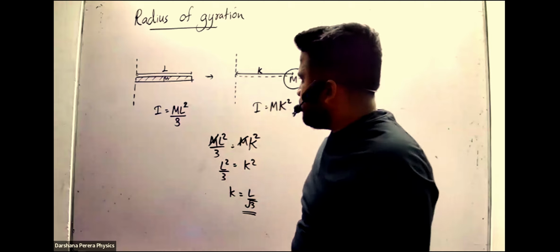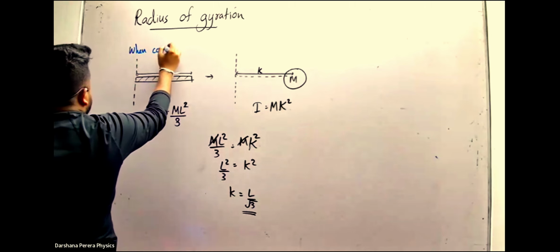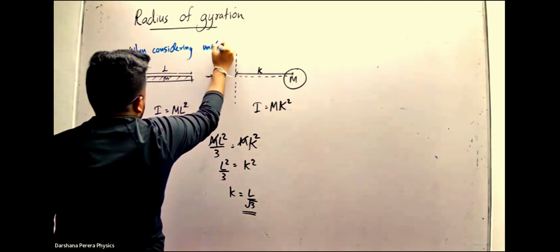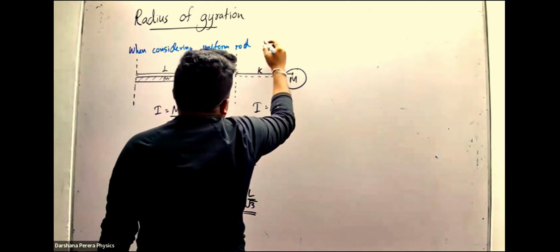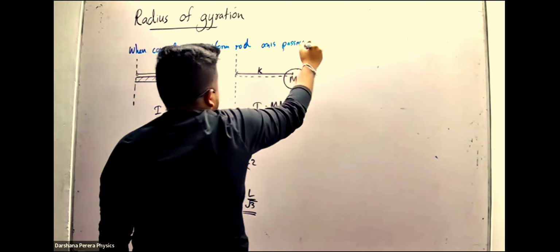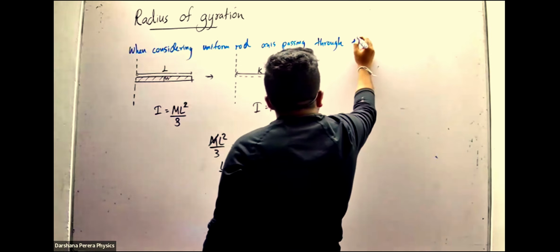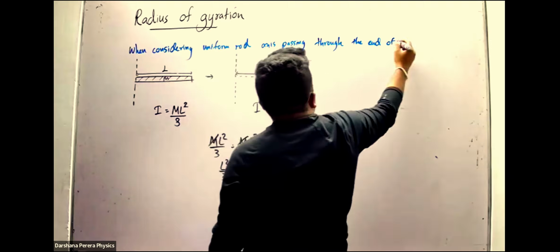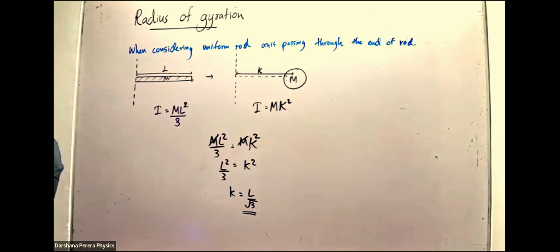Okay, write down this one. When considering a uniform rod with the axis passing through the end of it, right, write down.